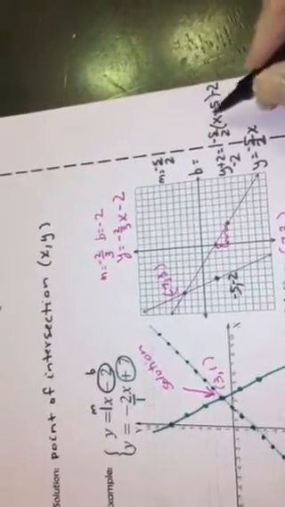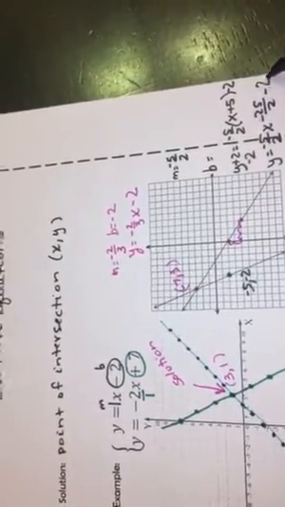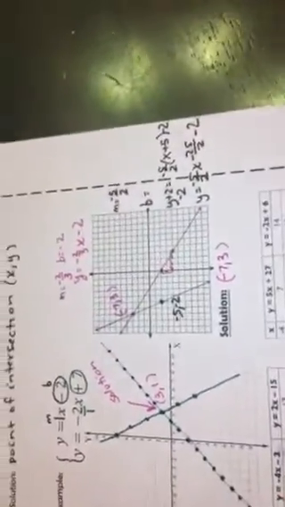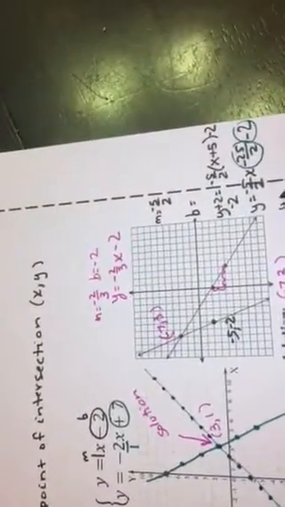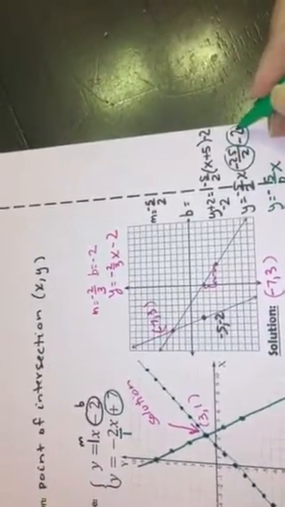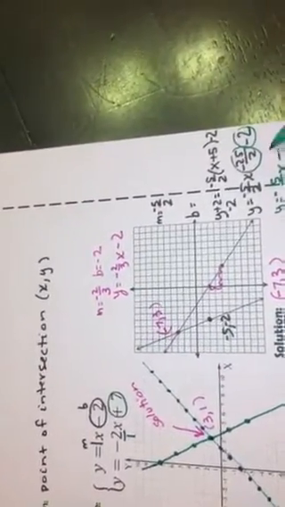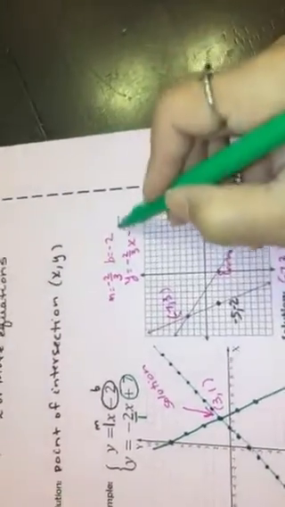I'm going to distribute. This is -25 over 2 and then -2. So if I combine these two right here, I'm going to get y equals -5 over 2x, and this is going to be -29 over 2. So that's going to be the other equation.